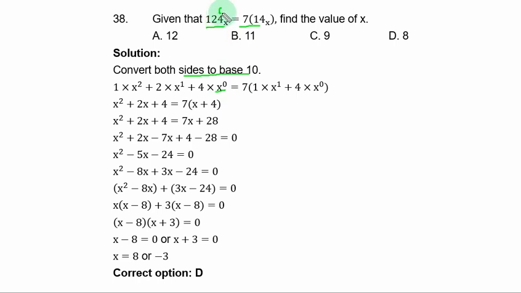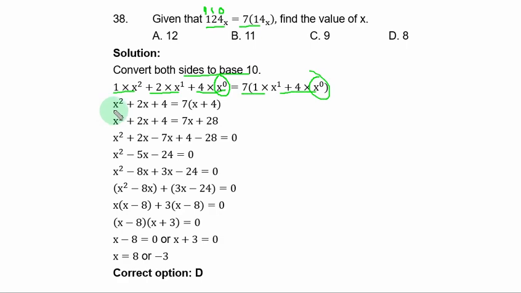So 4, position is 0, 2, you have 1, and 1 is 2. So you have 1 times S, the power is 2, you have S squared, plus 2 times S power 1 plus 4 times S power 0 equal to 7 bracket open, 1 times S power 1. For 1, the position is 1 and 4 is 0, plus 4 times S power 0. This 10 is 1, this 10 is also 1.